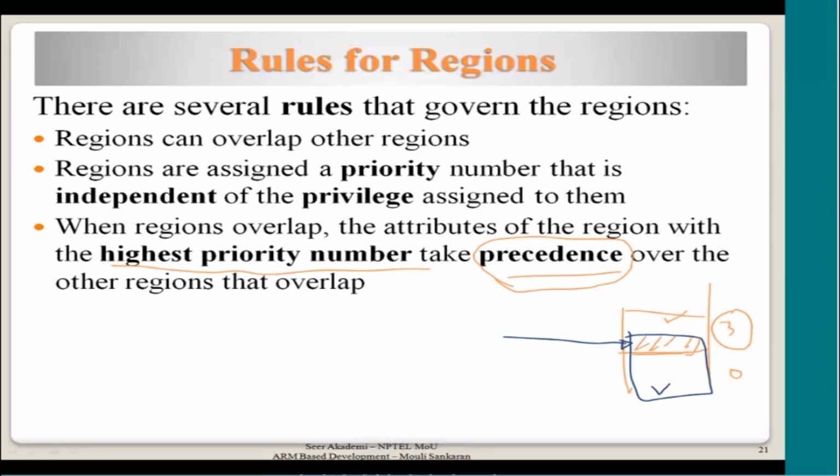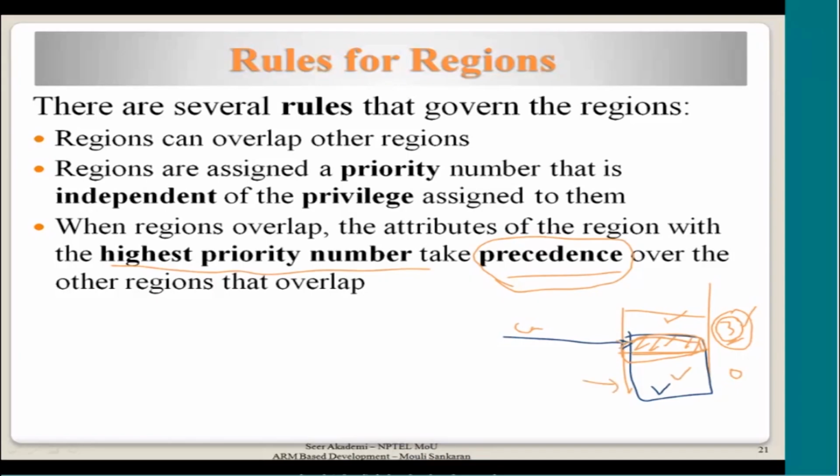By attributes I mean what kind of cache behavior, whether the write buffer is enabled or not, and so on. These different properties of the region are as per this region, because when two regions overlap, the attributes of the region with the higher priority number are considered as long as the memory access is happening within that overlap region.